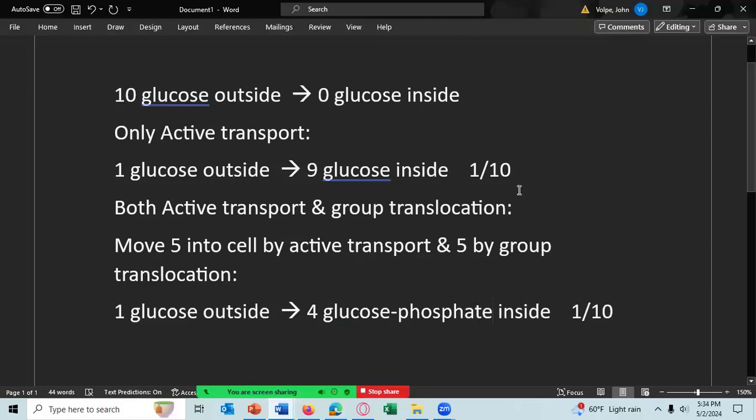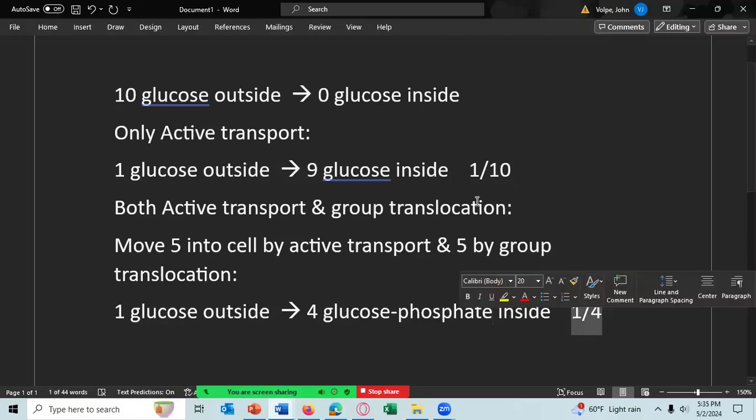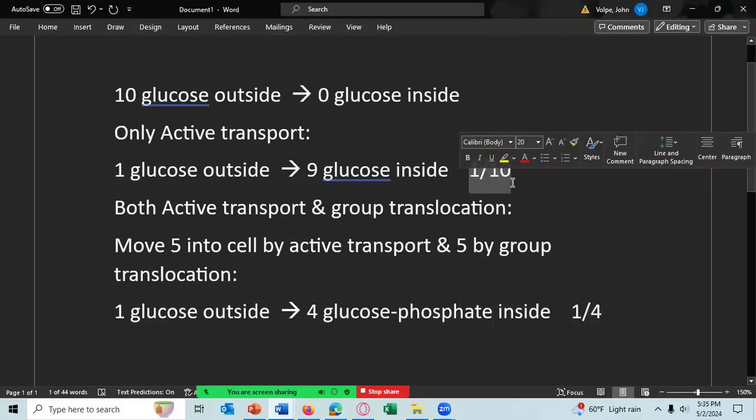The point is, instead of being transported against close to 1 to 10, you'll be 1 to 4 or 1 to 5. Do you see that, everyone? That's a much lower gradient, 1 to 4 or 1 to 5, than 1 to 10.